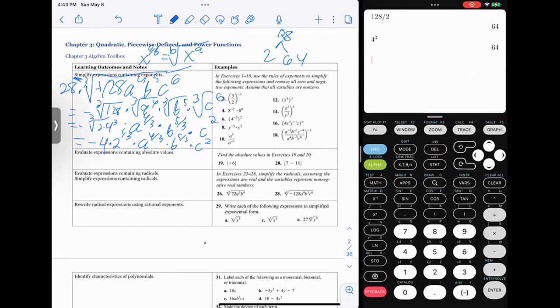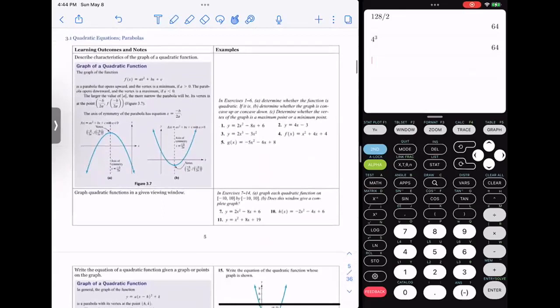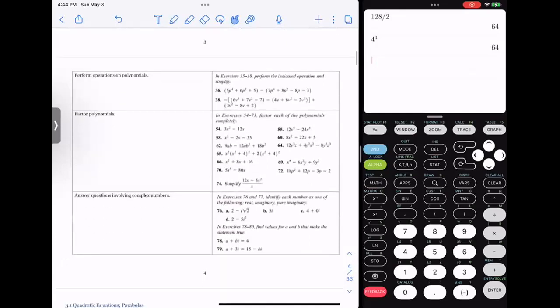On which page? 4. There might be multiple answers for that. Oh, so which one again? 78 and 79. Page 4, sorry. For 78 and 79, find all the values for A that make the statement true.